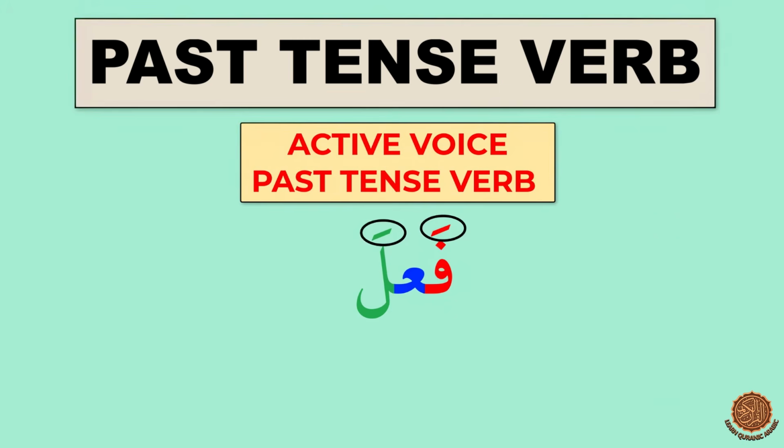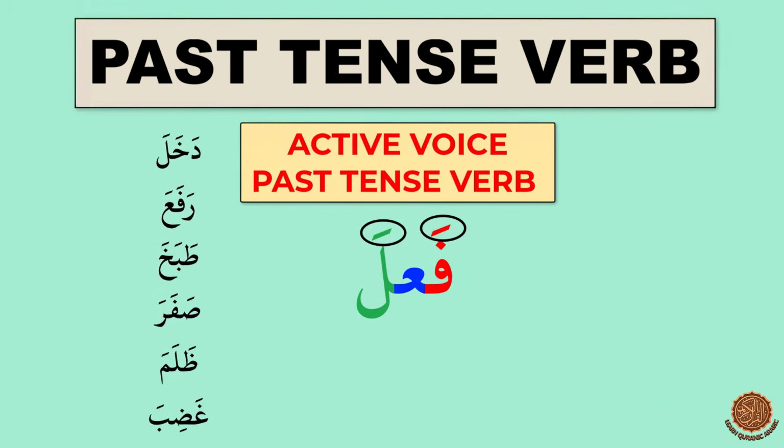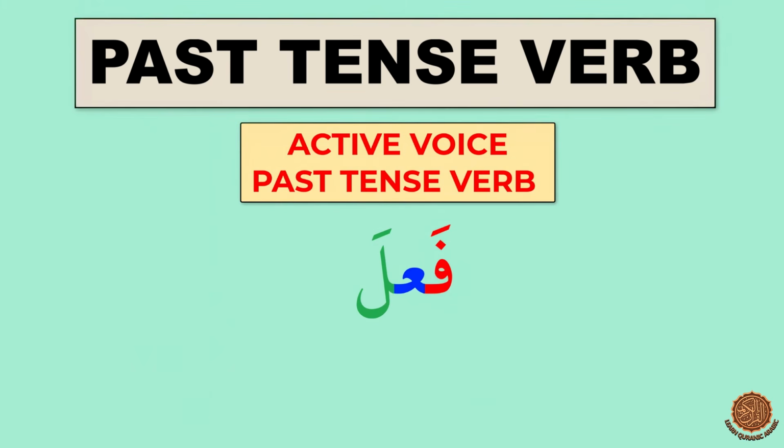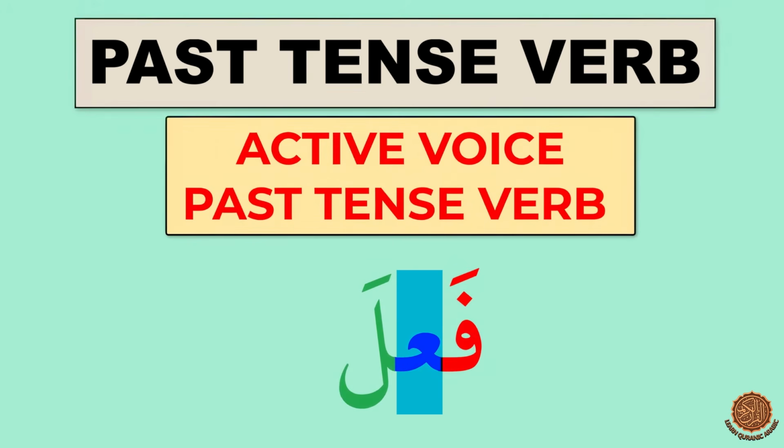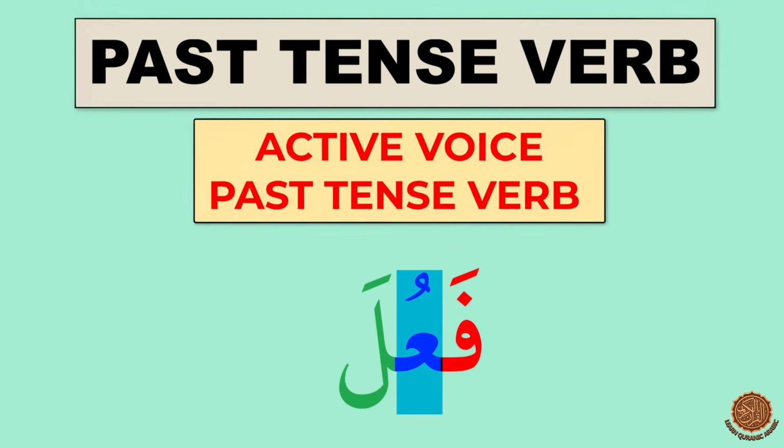This is because the active past tense verb will always have a fatha on the first letter and the third letter. No exceptions. What varies is the vowel, the harakah, on the second letter. This could be either a fatha, a kasra, or a dhamma. Which one is it? This is based on the usage of the Arabs, especially what we find in the Quran.